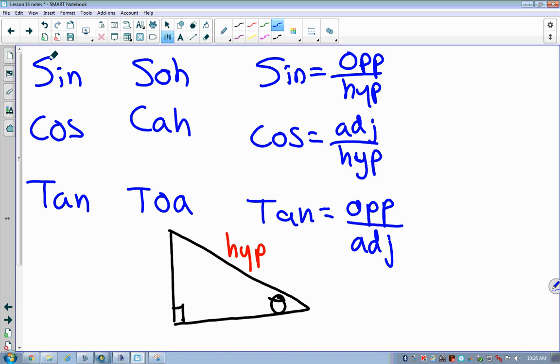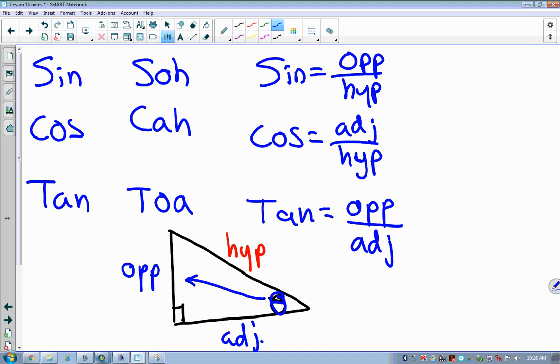As soon as I know where theta is, now I know where opposite and adjacent are. You may struggle to know which side is adjacent, but you should never struggle to know which side is opposite. You're going to go directly across.